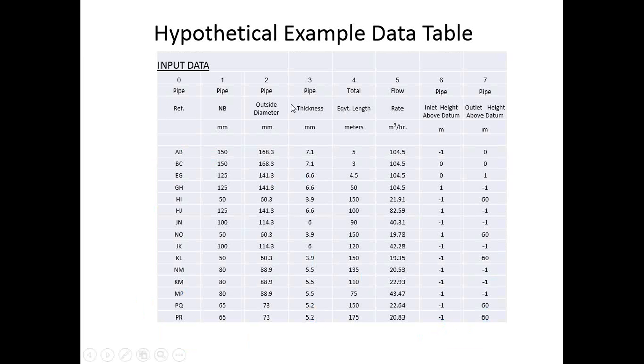Columns 1, 2, and 3 show the pipe sizes: nominal bore, pipe outside diameter, and pipe thickness. Column 4 is the pipe components equivalent length. Flow in each individual section is in column 5, and elevation in columns 6 and 7. Column 6 is the inlet height above datum and column 7 the outlet height above datum.